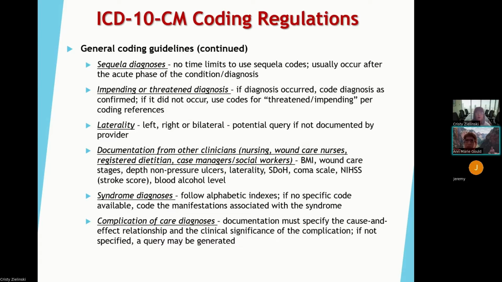So you want to keep an eye on those and monitor those diagnoses, those conditions, to see what really happens. Even though they said impending, did it happen after the fact? Did it occur? So that's why you want to confirm any of those diagnoses when they're listed as threatened or impending. Laterality, we all know laterality is very important. It's either left, right, or bilateral, and a potential query, if not documented by the provider, is needed.